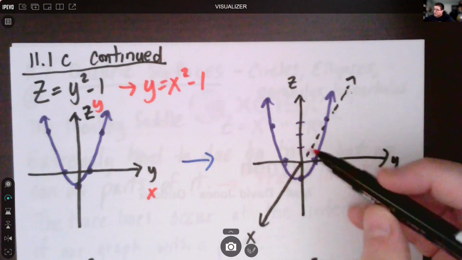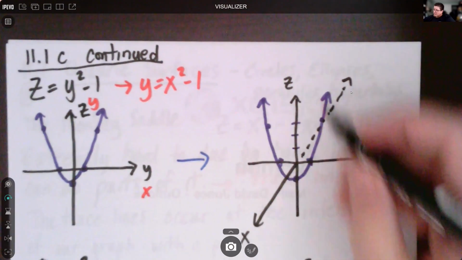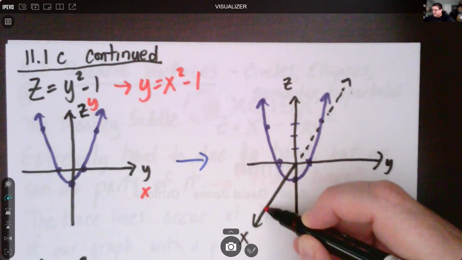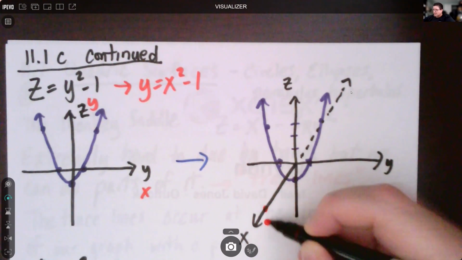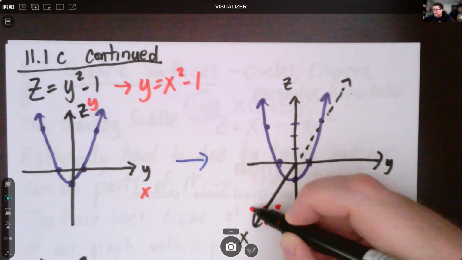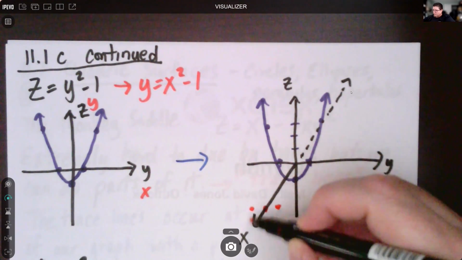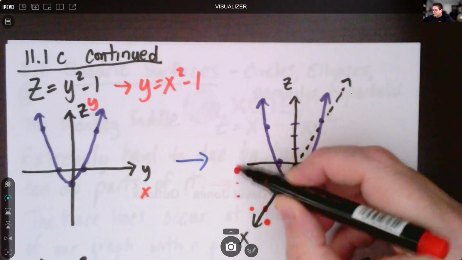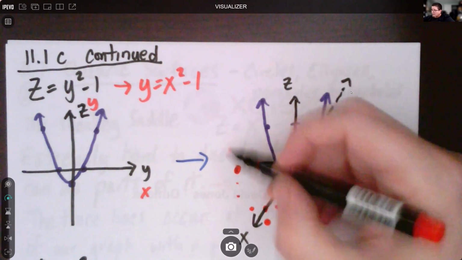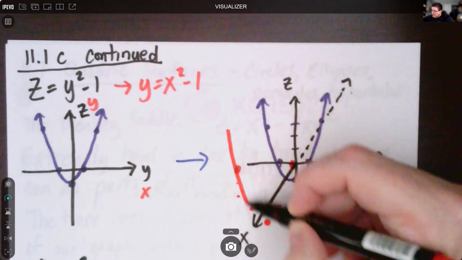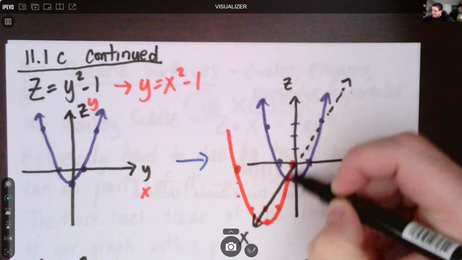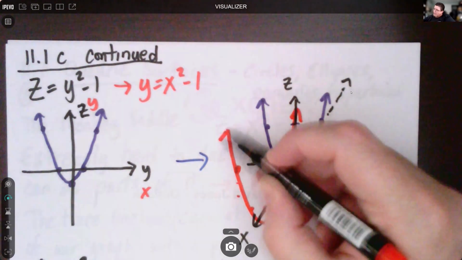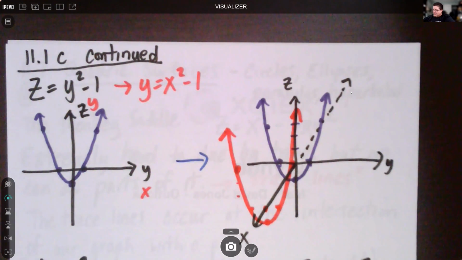And if I want to extend this, I'll come down here. I'll go down 1, right 1, up 1, right 2, then up 4, I'll go right there and right there. And I'll draw a parabola like that. And maybe in this circumstance, I won't show a third one. Maybe just doing 2 is enough.